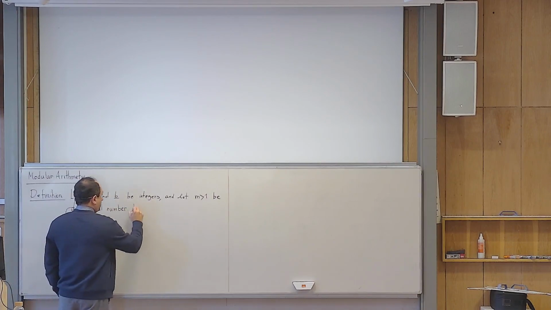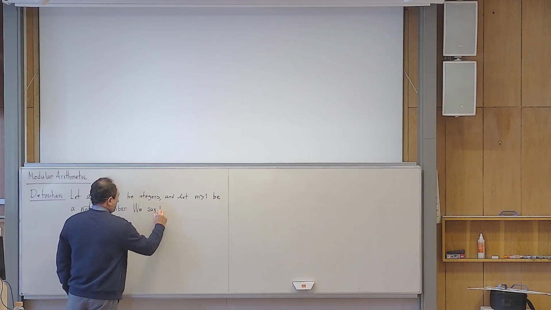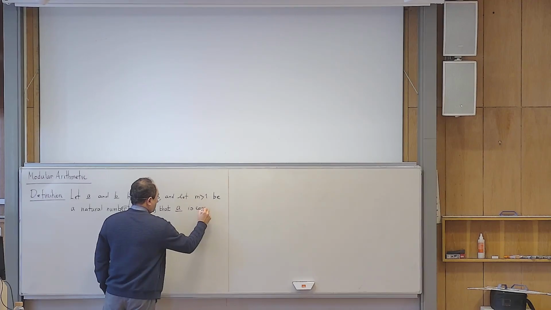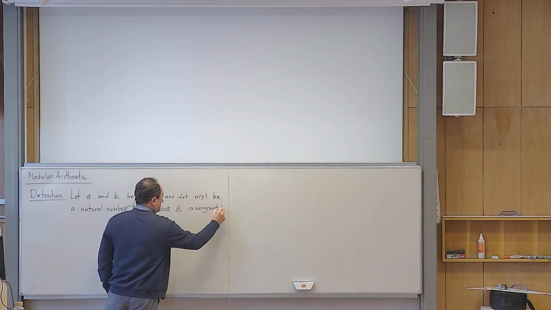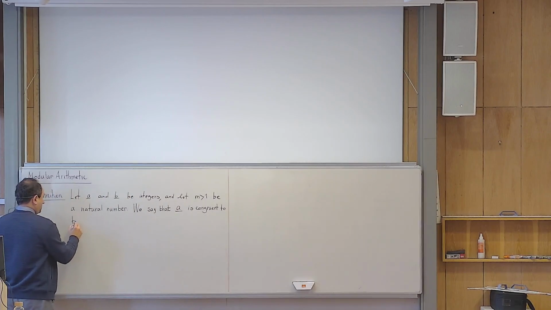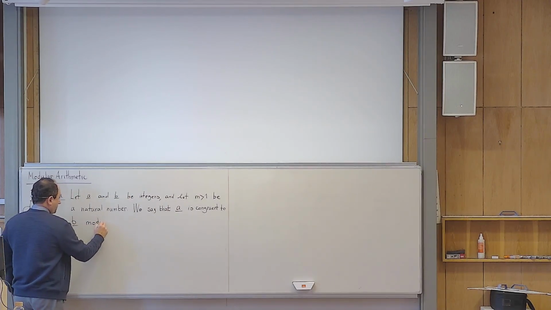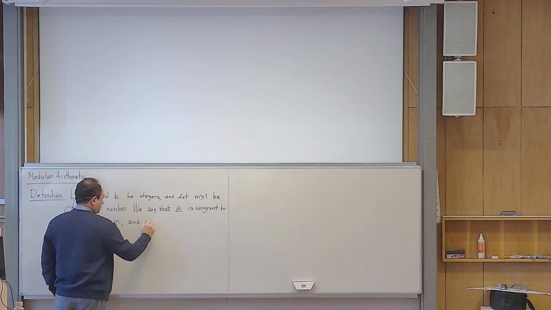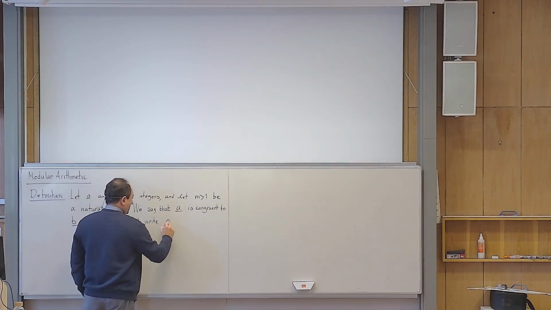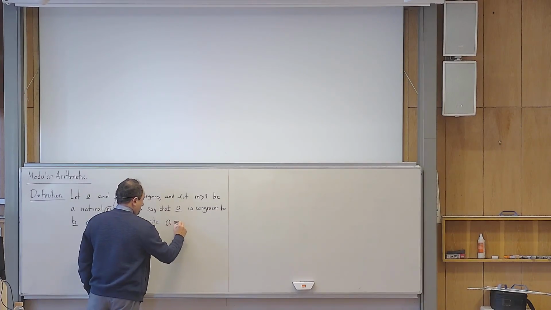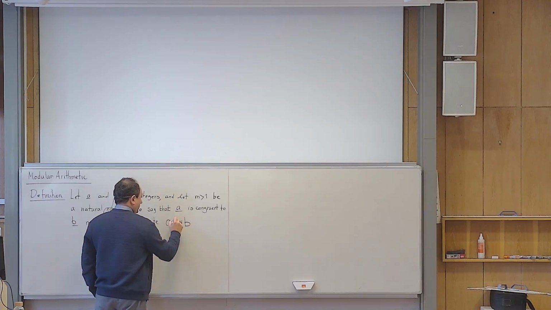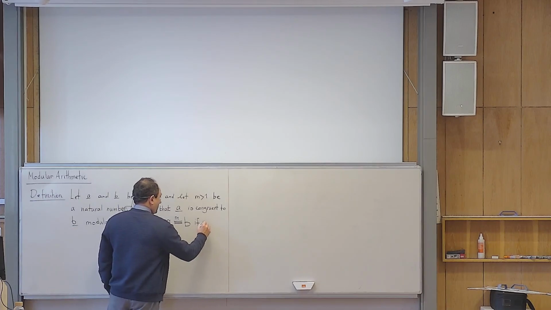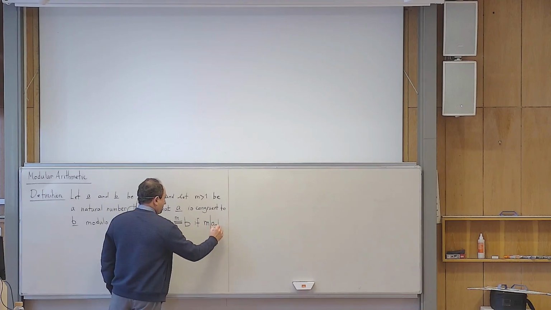Okay, we say that A is congruent to B modulo m, and write, this is the notation we use, A congruent, with this sign, to B modulo m, you put it on top, and write this if m divides A minus B. Okay?